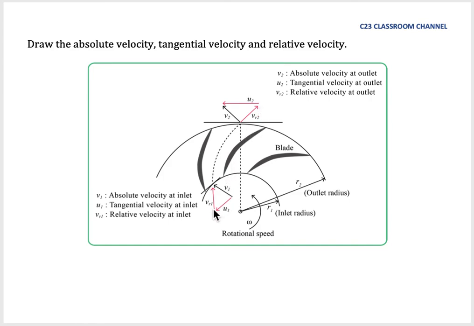And again, I would like to mention here, to draw the tangential velocity, we need to draw a tangent at this point, and we draw the tangential velocity. Also at this point, we draw a tangent line, and we draw a tangential velocity parallel to the tangent line. And to draw the VR1, the relative velocity, we need to know the angle of the blade here.